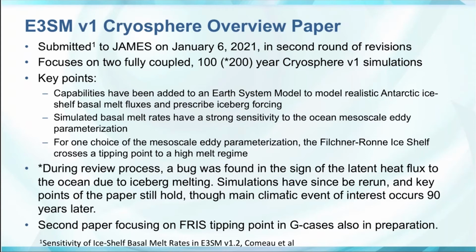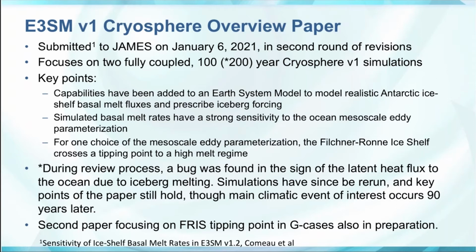Once we discovered this, we immediately reran the simulations, and the key points of the paper still hold, although the main climatic event of interest in the paper, the Filchner-Ronne ice shelf tipping point behavior to a high melt regime, which we successfully mitigated, now happens about 90 years later. Otherwise, all of the other key points hold.